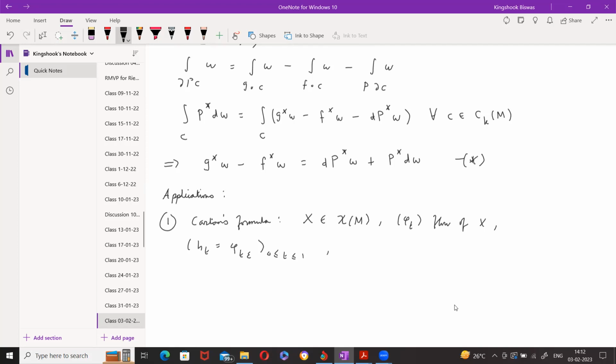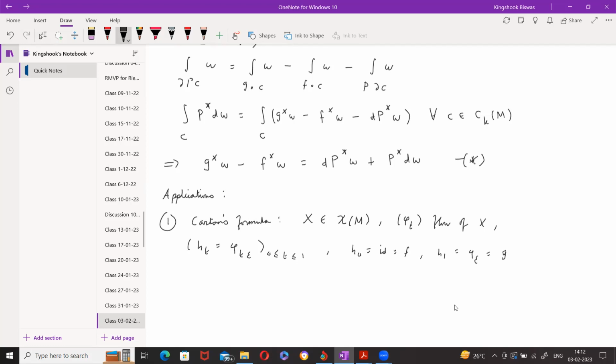Then that means that H_0 is the identity, so that is my F, and H_1 is phi_epsilon, so that is my G.